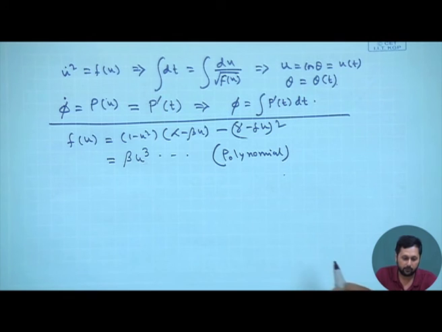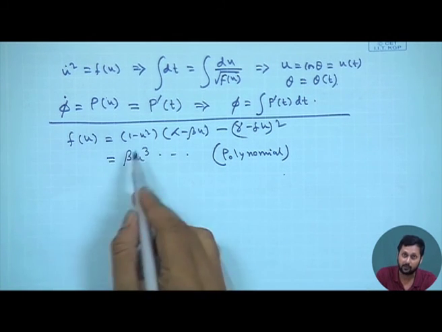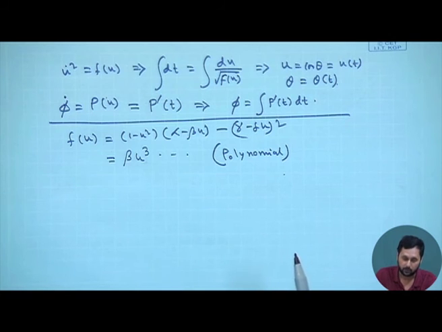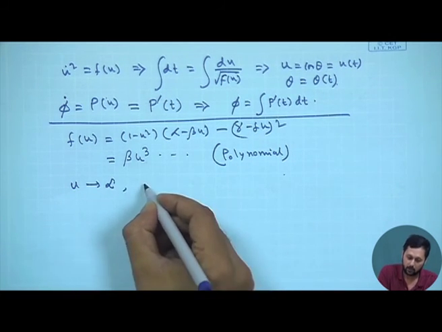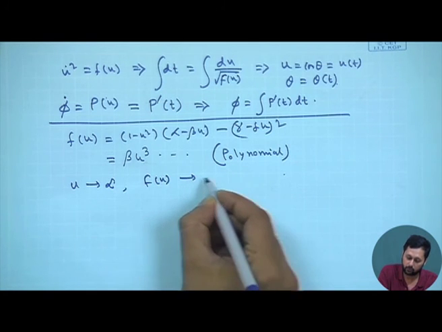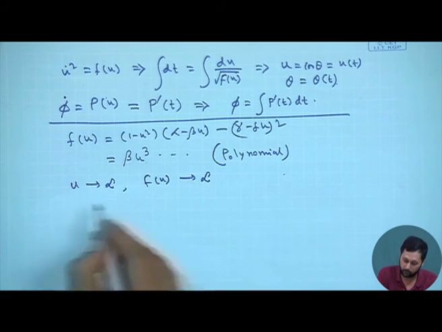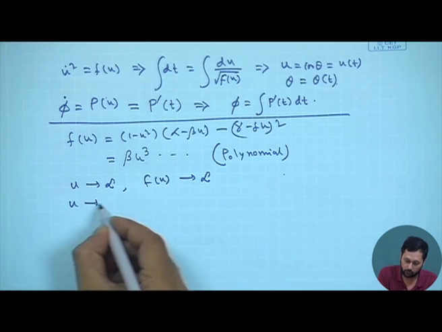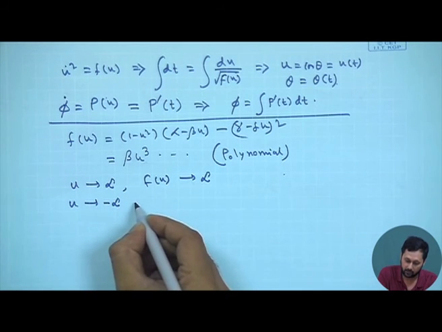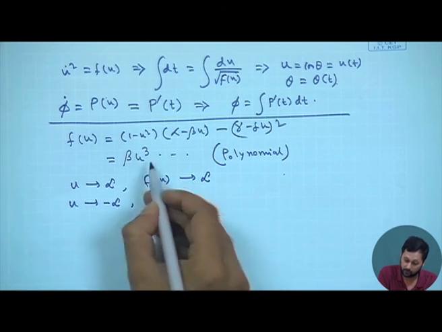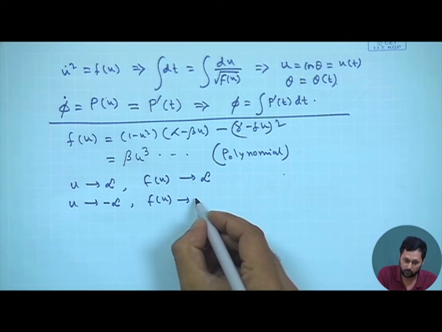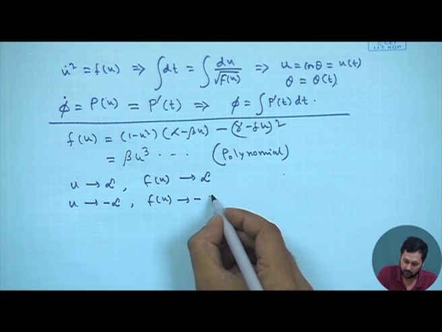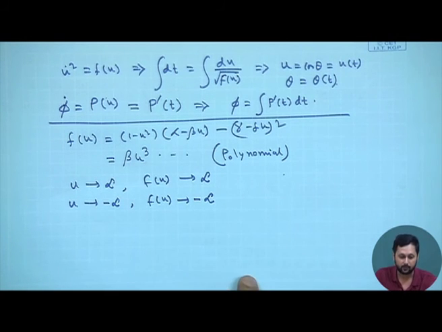Now, if it is a polynomial with leading term u cubed, that means as u goes to infinity, f of u goes to infinity on the positive side. As u goes to minus infinity, f of u also goes to minus infinity, because u cubed is an odd function.